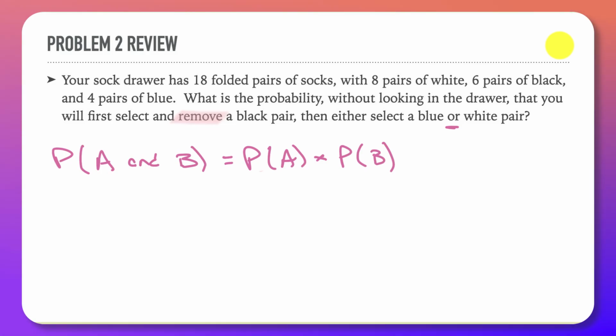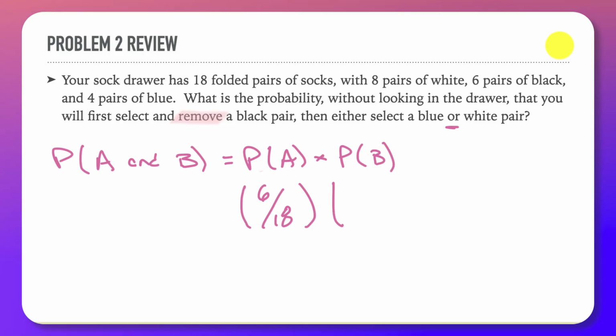No problem. What is the probability of selecting a black pair? First selecting and removing a black pair. It was, I think I have this committed to memory, but I don't. 6 pairs out of 18. Okay? I'm going to multiply that times probability B, which is selecting blue or white, which makes them the same now, because blue or white doesn't matter the color.